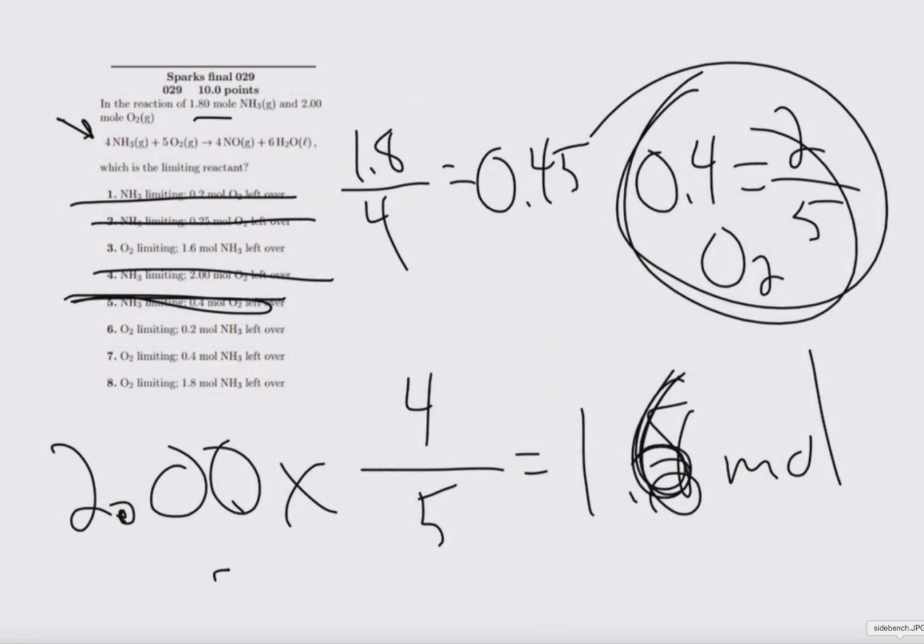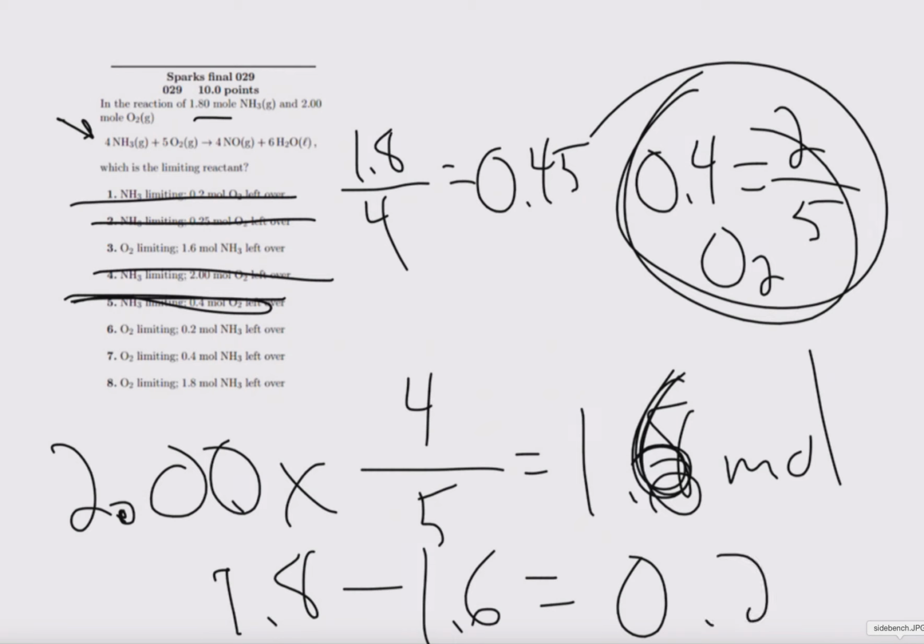Well, if I started with 1.8 moles and I used 1.6 moles, then that means I again have 0.2 moles left over. So oxygen is limiting, 0.2 moles of ammonia left over.